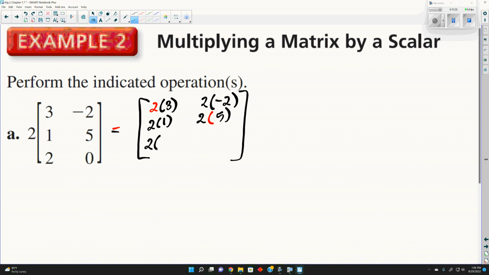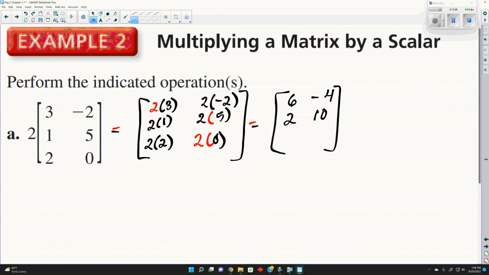Then we have 2 times 2, and 2 times 0. Then we multiply by 2. So our first one, 2 times 3 is, 2 times negative 2 is negative 4. 2 times 1 is, 2 times 5 is, 2 times 2 is 4, and 2 times 0 is 10.